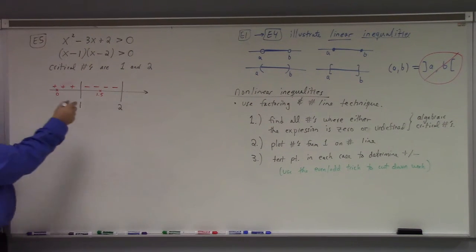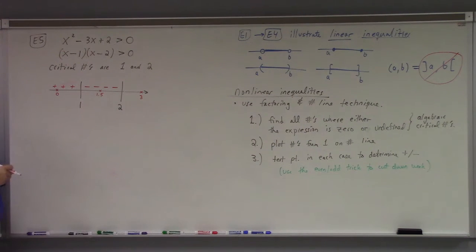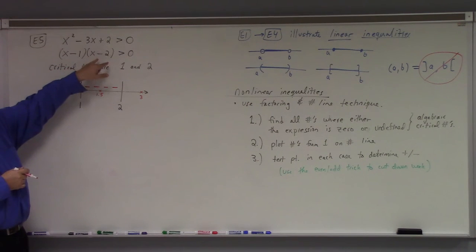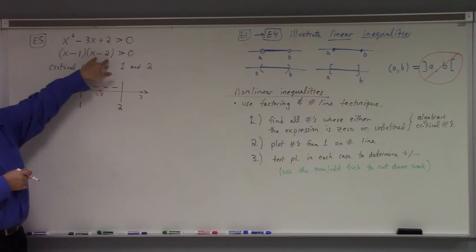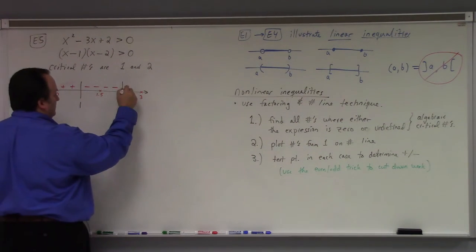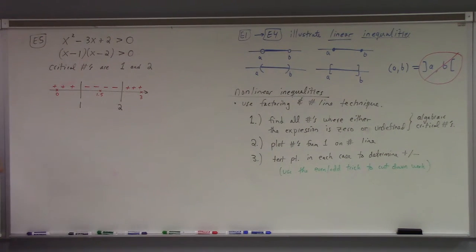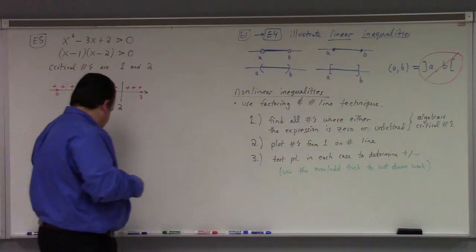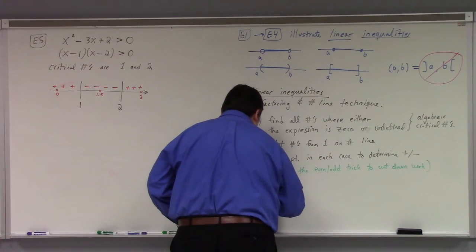And over here, like 3, for example, you could use as a test point. Plug 3 in. 3 minus 1 is 2. 3 minus 2 is 1. So we've got plus times plus, which is plus again, right? So that gives us pluses. All right. Oh, I forgot step 4. Write down the answer.